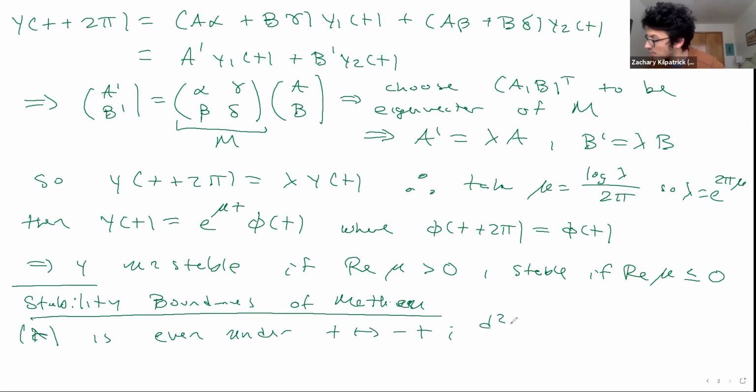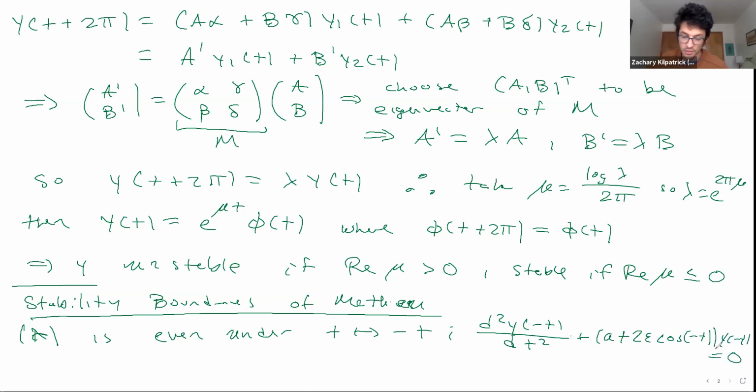Because d2 y of minus t dt squared plus (a plus 2 epsilon cosine of minus t) y of minus t, that's still equal to 0. Okay, so I can reverse the order of time, and essentially I'll still have the same equation.